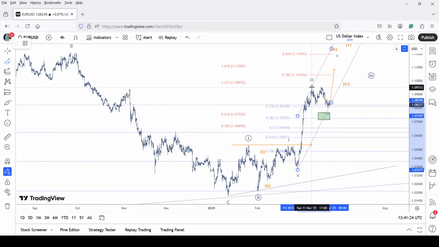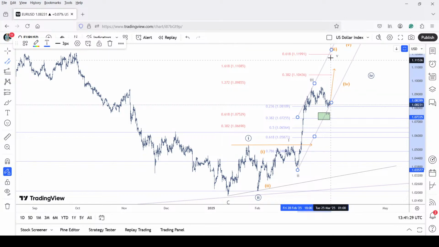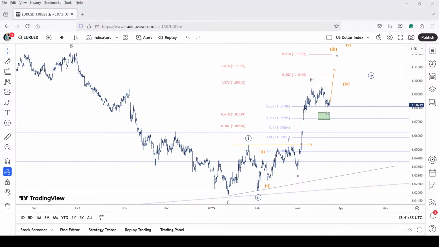Okay, we can actually move better in the third wave. So the extension, the channel resistance comes all the way towards 1.12. Right? And that's absolutely allowed because that's what we are actually targeting, right? 1.12, maybe 1.13 and 1.15 going forward.